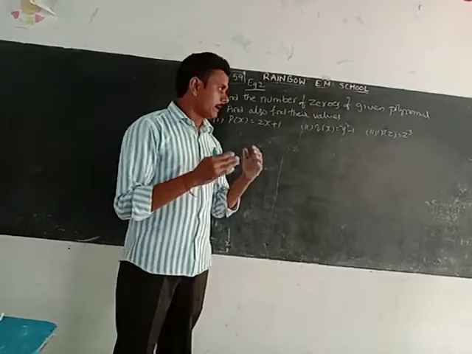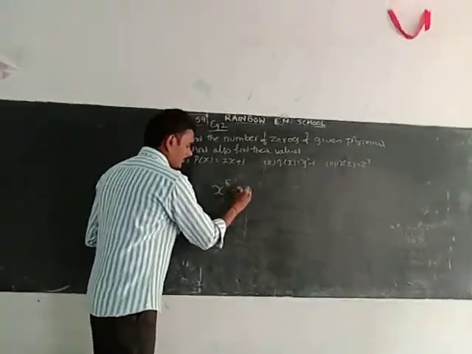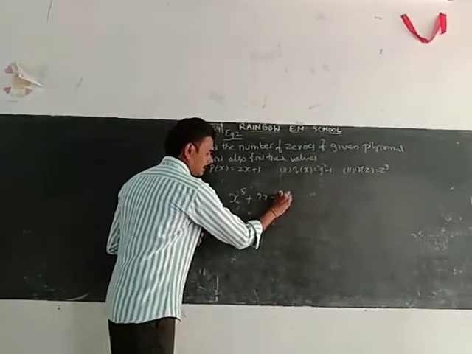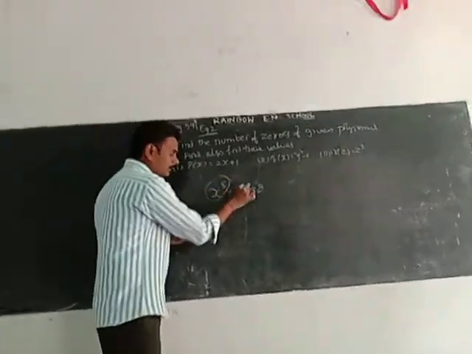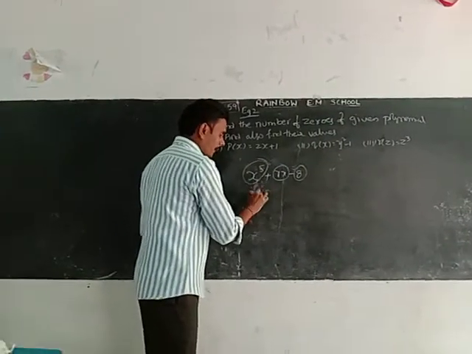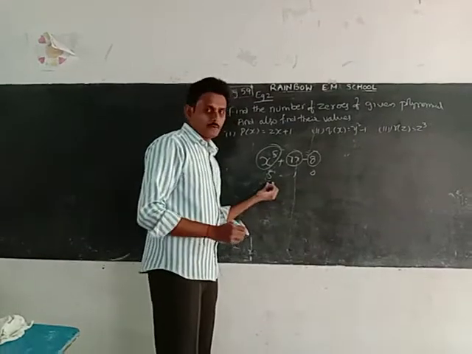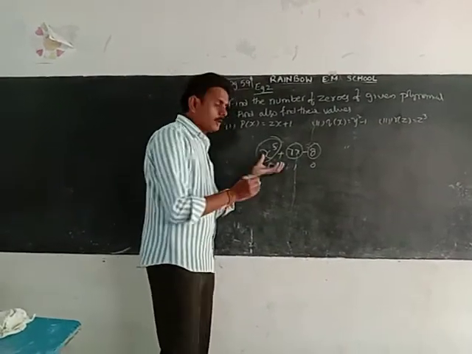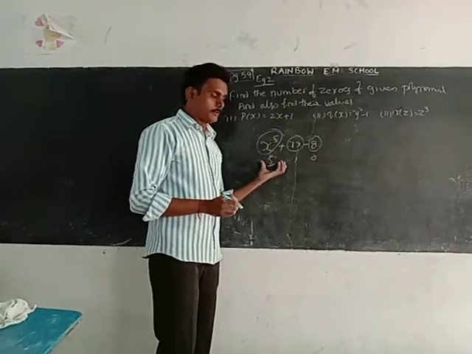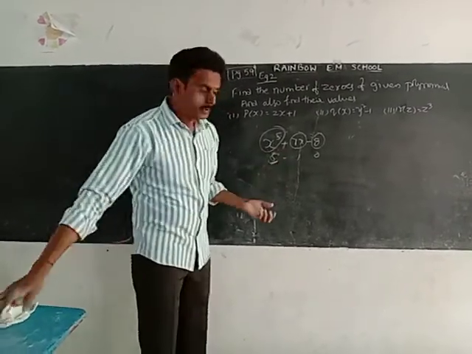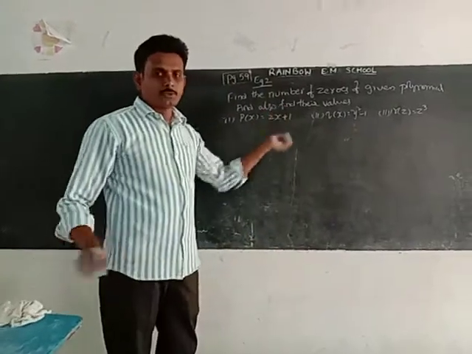For example, I have taken one polynomial, x power 5 plus 7x minus 8. What is the degree of this one? The degrees are 5, 1, 0, and among these 5 is the biggest. That means this polynomial will have 5 zeros, 5 solutions will be there. Similarly, we can say for every polynomial how many zeros are possible.